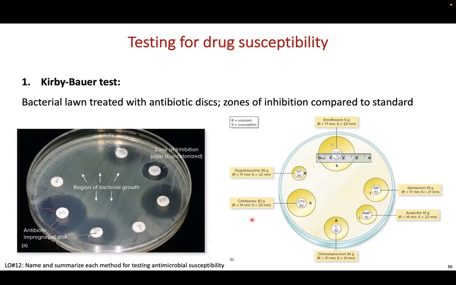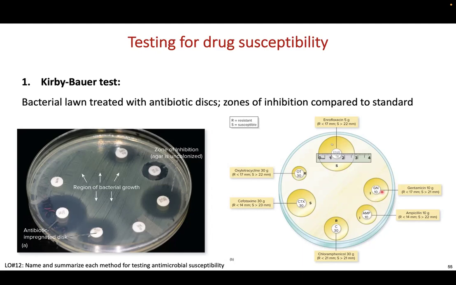Here we have a standard, which is enrofloxacin, and we know for sure that it's supposed to have an inhibition zone of around 17 millimeters to 22 millimeters. So you already measure it. Then you come in with all groups of antibiotics and see how many microbes these antibiotics can kill.